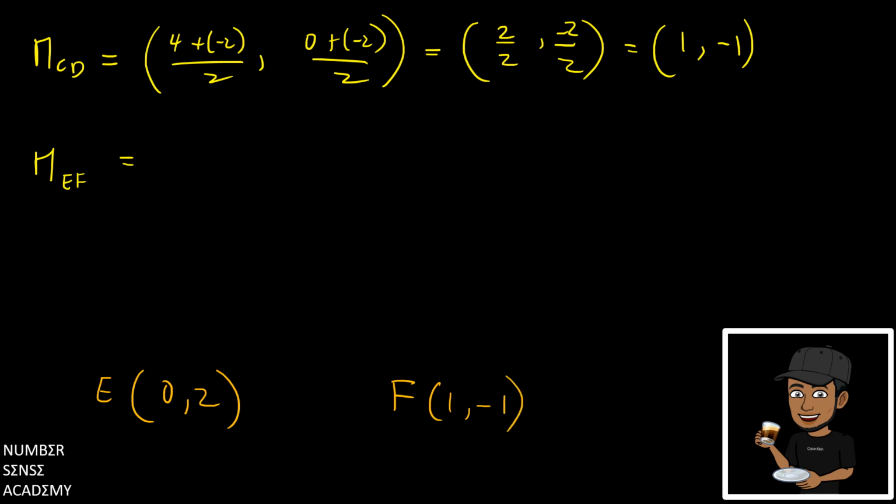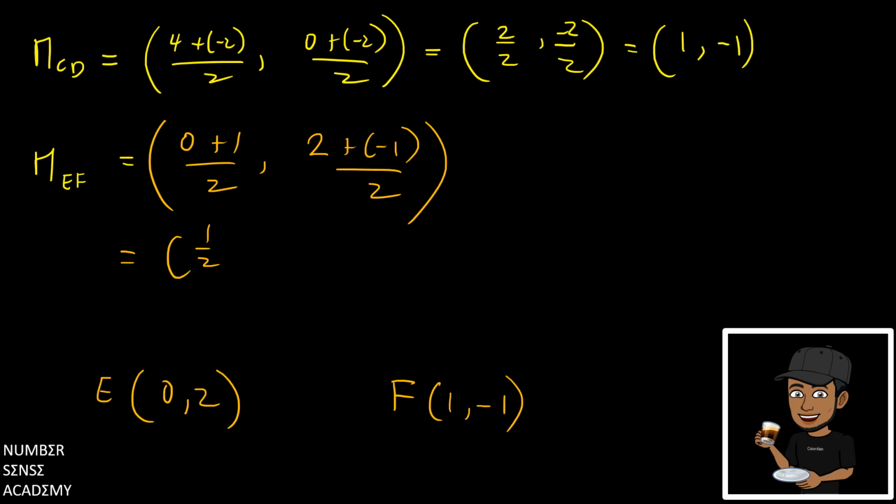So let's see what happens here. We have 0 plus 1 divided by 2. And then we have 2 plus minus 1 divided by 2. This becomes 1 over 2. 2 minus 1 is 1, so I end up with 1 over 2. So boom, it works.